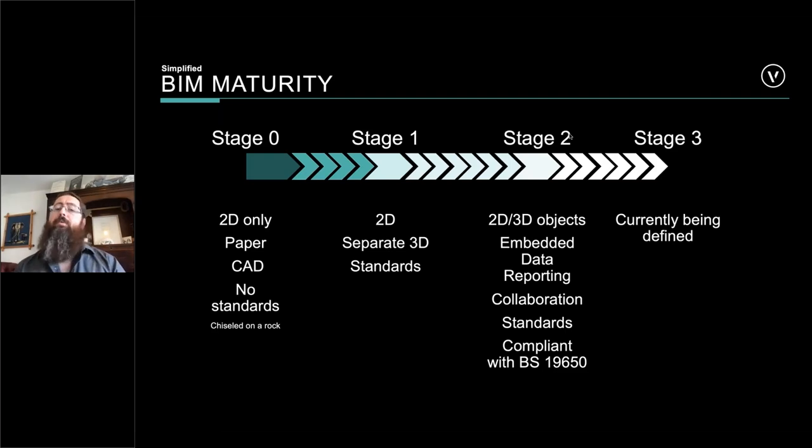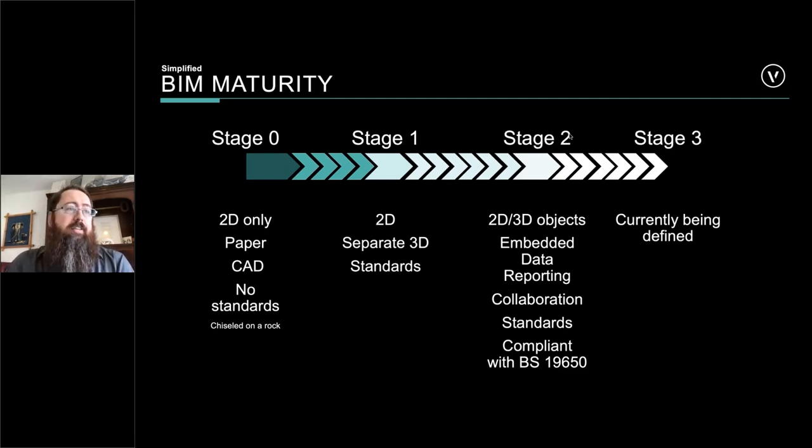So you're doing something like maybe using AutoCAD and SketchUp to generate two completely independent models, and you're hopefully using some kind of naming conventions within that. The stage 2 level that we're talking about wanting to be at is where our 2D, 3D objects have embedded data, so intelligent objects. We're able to report on that and, quite importantly, collaborate with those things.